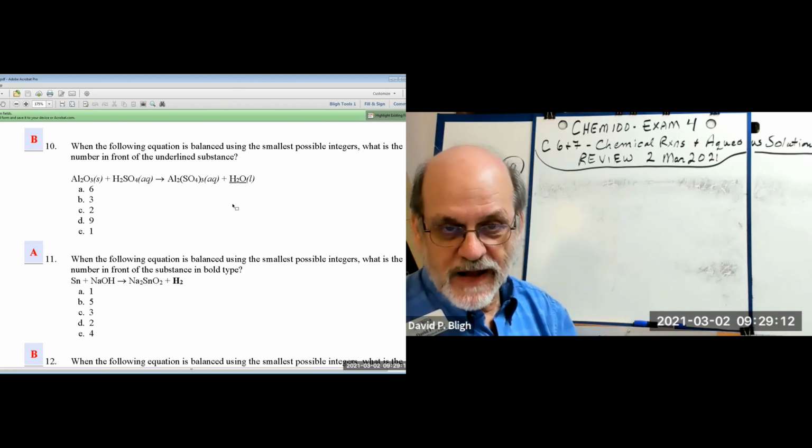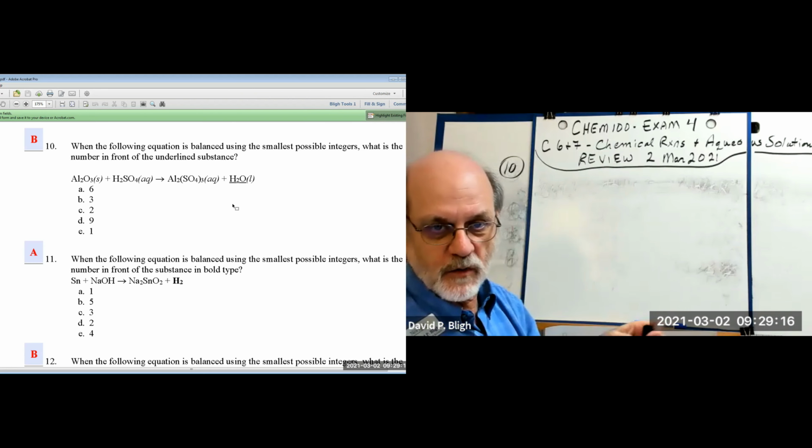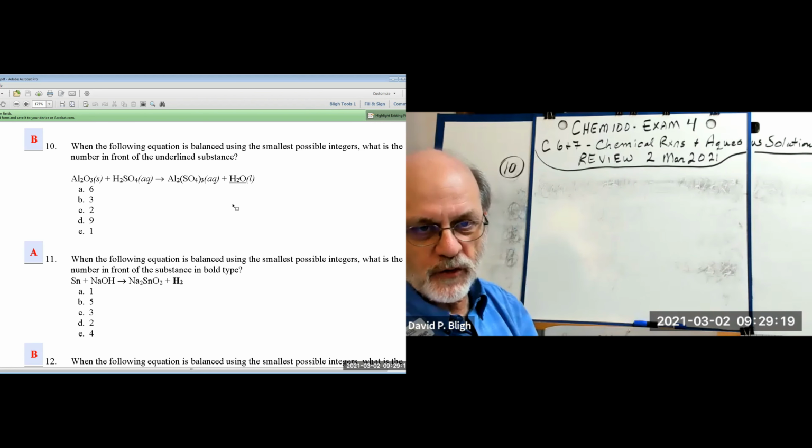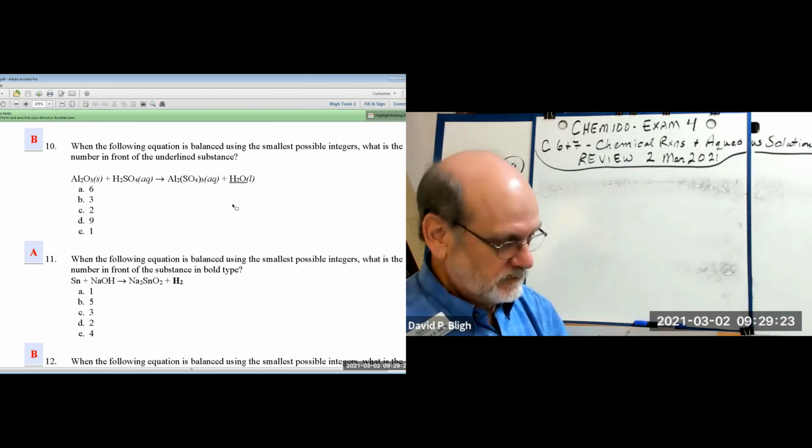So let's conduct this reaction and see what kind it is. Killed 2 birds with 1 stone. Al2O3, what is that? What naming convention would that be?